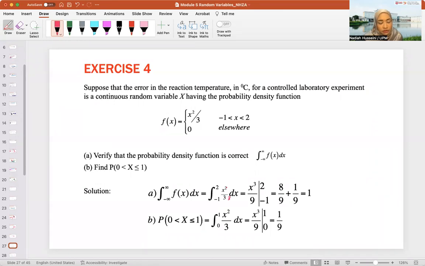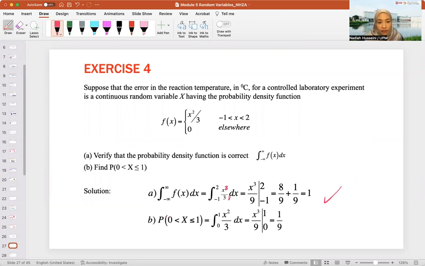So you get 3 times 3, right? x to the power of 3 divided by 3 times 3 gives 9. So x to the power of 3 over 9, put in the values 2 and -1. You would get 8 over 9 plus 1 over 9, and this is equal to 1. So we verified that the probability density function is correct. If it is not equal to 1, then it is not correct.